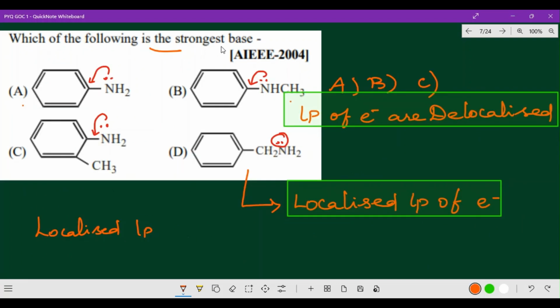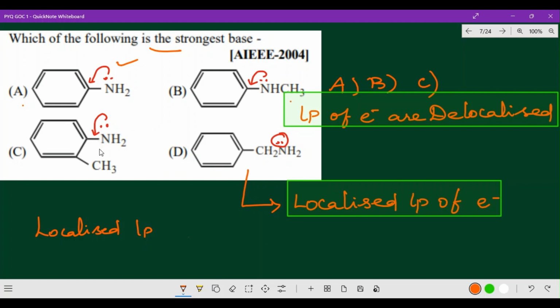Which of the following is the strongest base? Here A is aniline, B is N-methyl aniline, third one C is orthomethyl aniline, and fourth one D is benzyl amine. In aniline, the lone pair of electrons on the nitrogen atom is delocalized with the benzene ring, and the same way in N-methyl aniline, it is delocalized with the benzene ring.